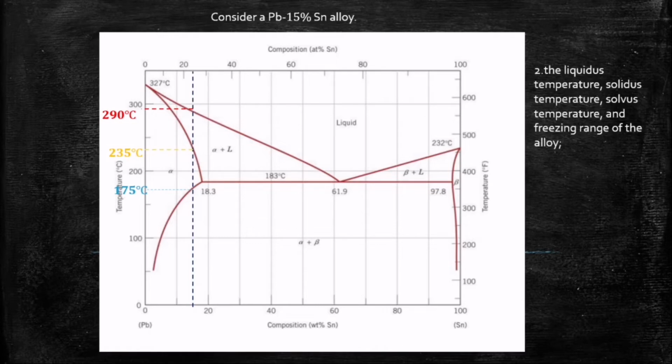To find the freezing range, you subtract the solidus temperature from the liquidus temperature, so 290 minus 235 degrees Celsius, and that will give you 55 degrees Celsius for the freezing range. So this is how we find the liquidus temperature, the solidus temperature, the solvus temperature, and the freezing range. Just trace it to the corresponding temperatures. But first, you must identify the liquidus line, the solidus line, and the solvus line.